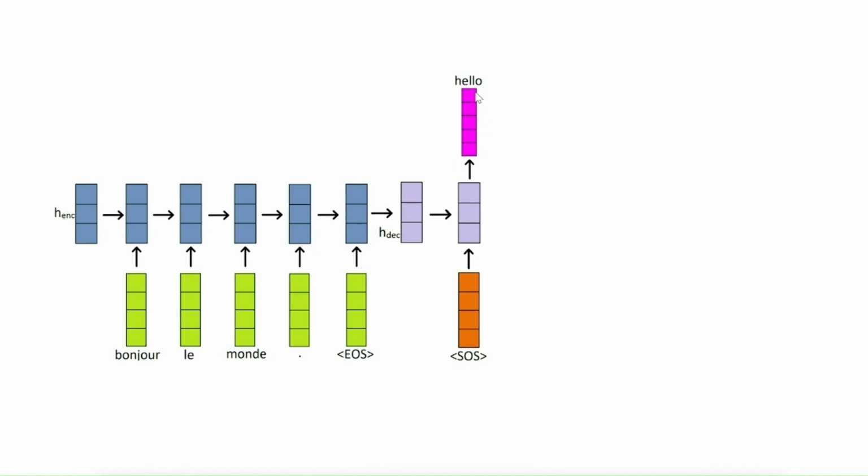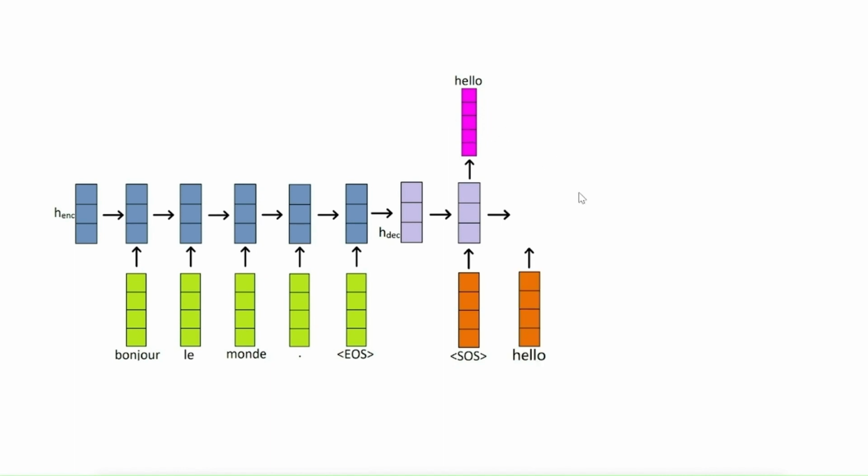So this vector in magenta color is actually not an embedding. It represents the index of the predicted word, with the index of the highest value in this vector. In other words, the index of the highest value in this vector corresponds to the index of the word in our target vocabulary. And we just look into our target vocabulary with this index to find the word.